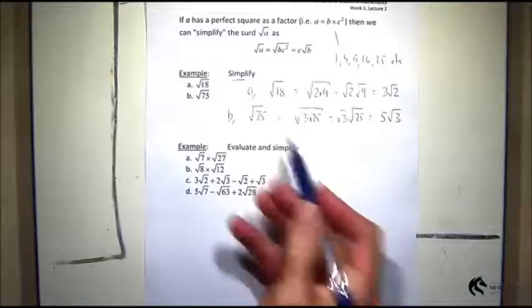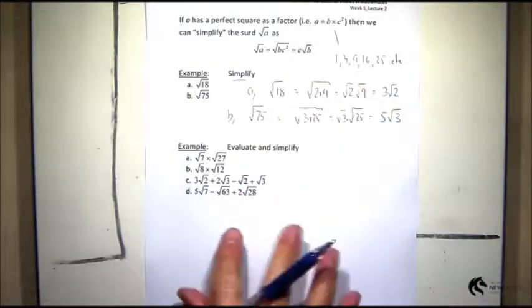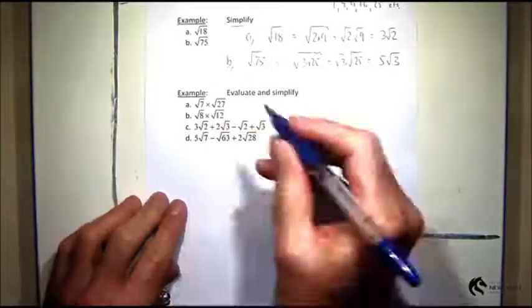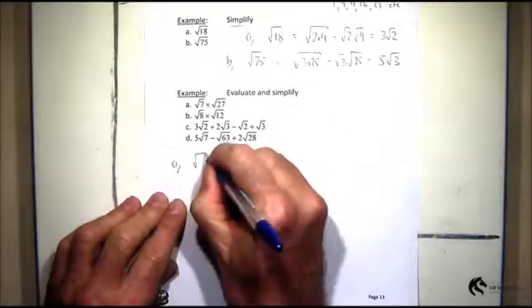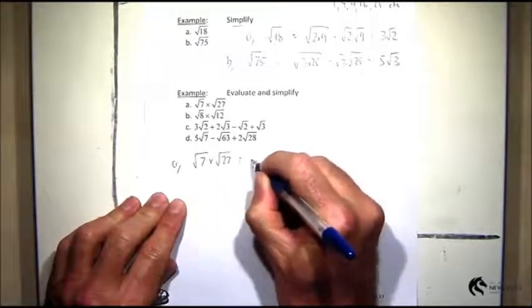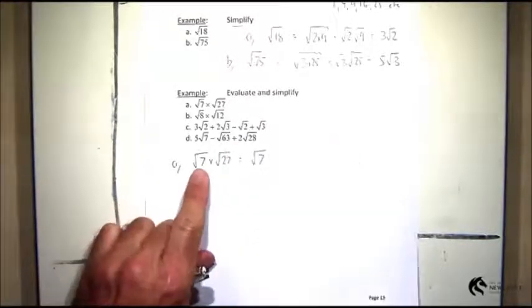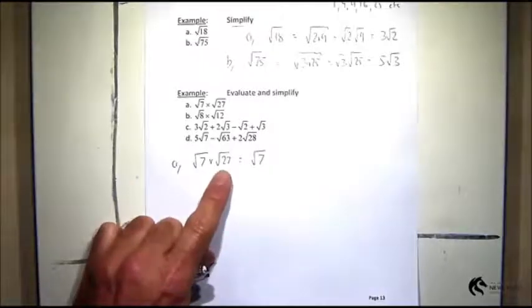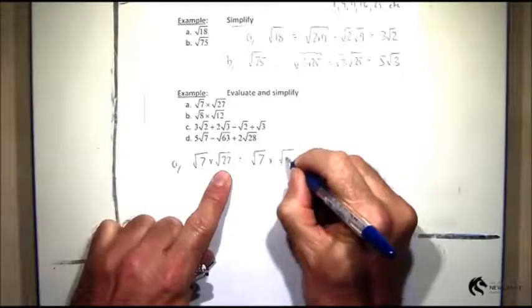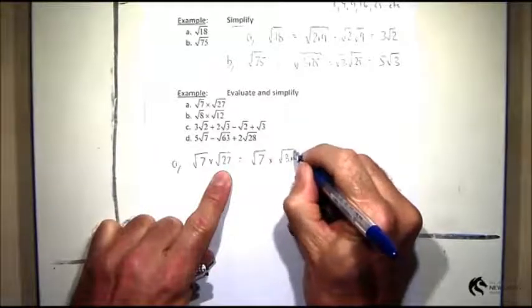So using this idea, we can start to simplify these things here. So let me just go through and do these. The square root of 7 times the square root of 27. Well, I can't do anything with the square root of 7, but in here I can say the square root of 27 is the square root of 3 times 9.